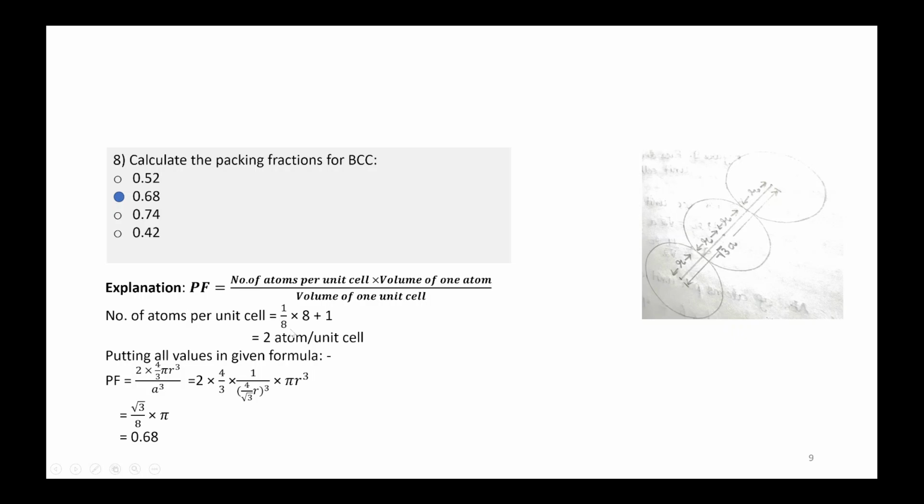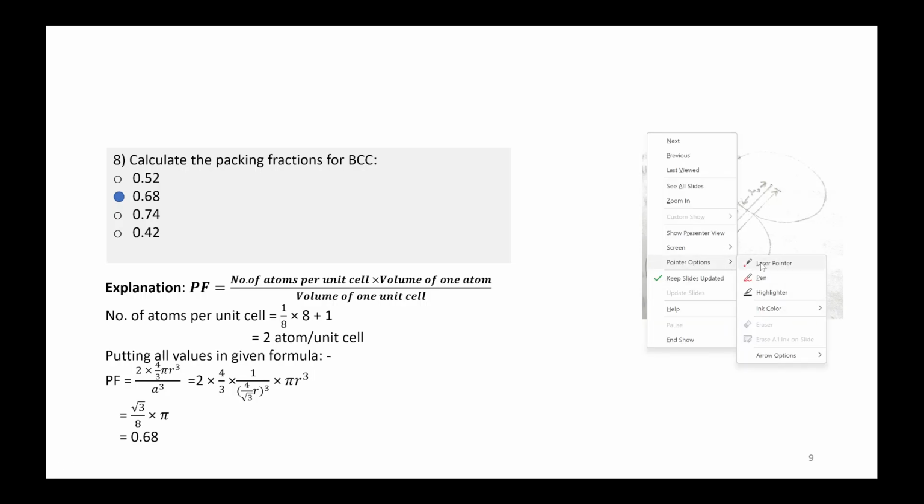Now putting this value in this formula, 2 will be the number of atoms, and volume of one atom we can consider as a sphere, so 4/3 times pi r cube divided by a cube. Now a and r have a relation in case of BCC, which is shown in this figure as well.